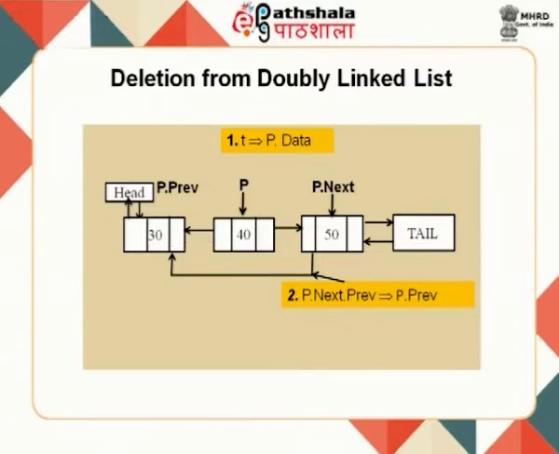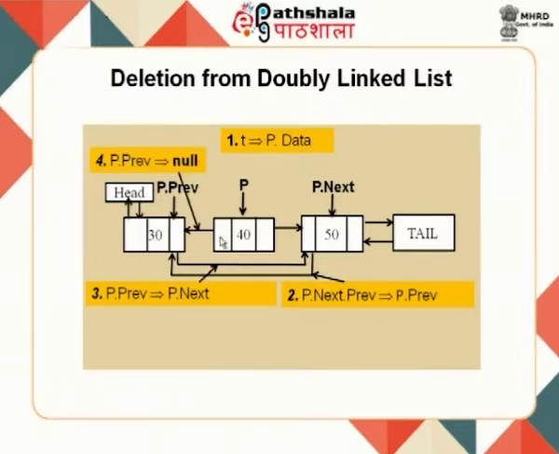Then p dot previous now points to p dot next, this node is no longer there. Then I am making p dot previous null, p dot next also equal to null. Okay. So, that is it, and now you have finished the deletion. And then you can remove the node p.